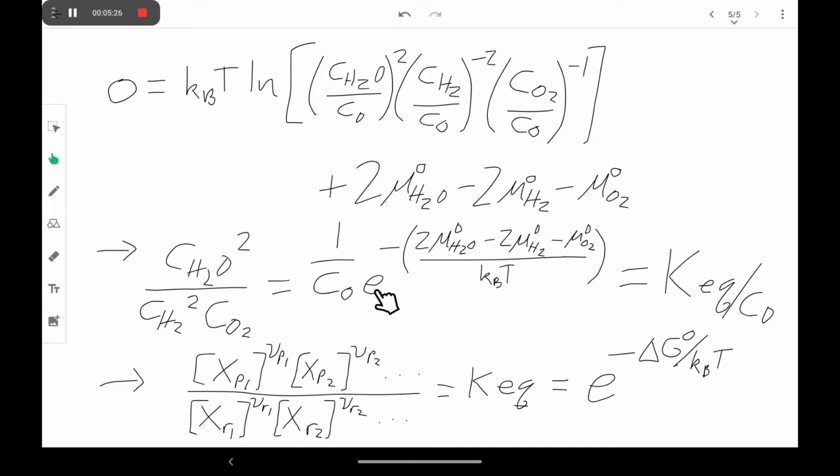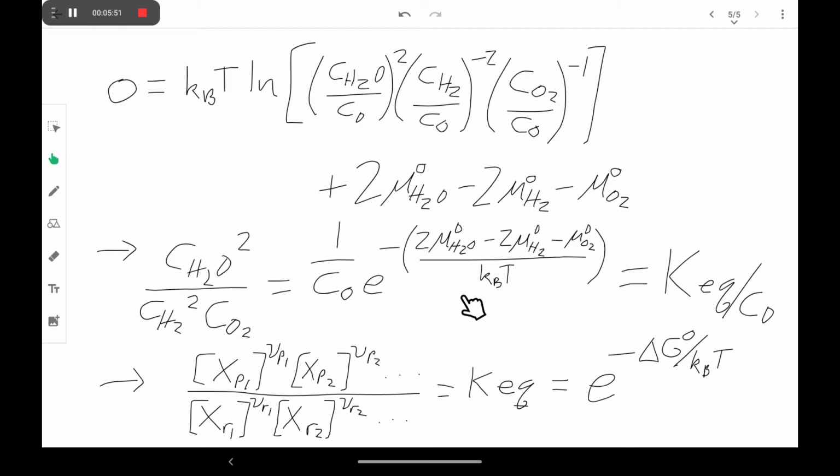All of this stuff here we call K equilibrium for the reaction, and it's something that you can measure. We usually disregard this C0 because we usually use it as 1 molar, so we reference everything in terms of molarity. So this was our example, the formation of water.